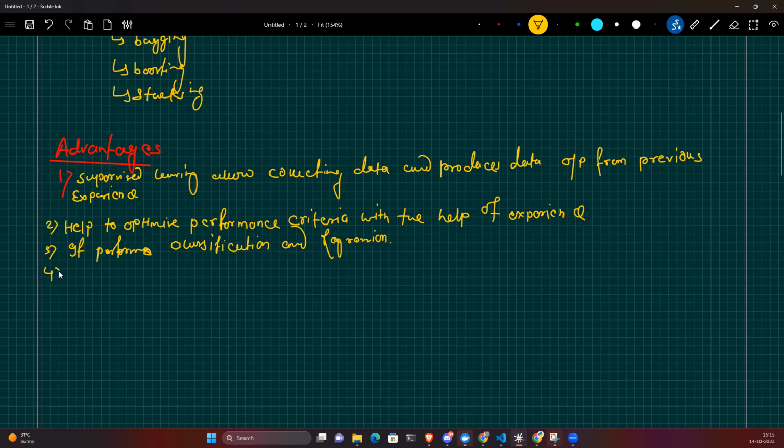Okay. Number four. It allows estimating or mapping the result to a new sample.